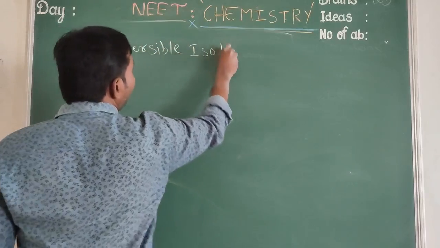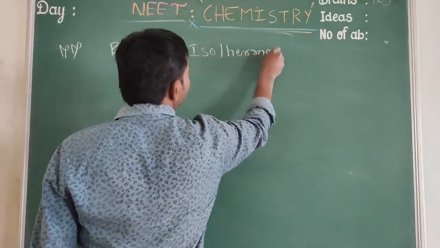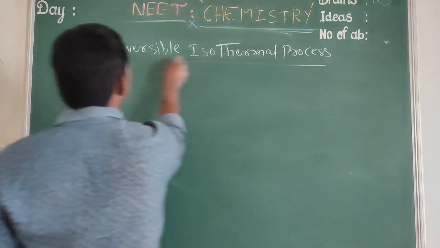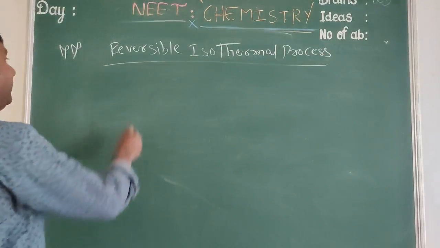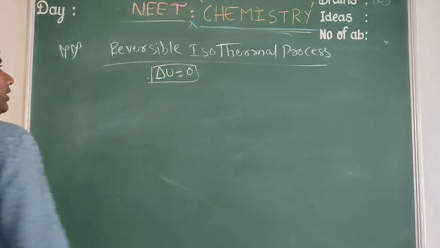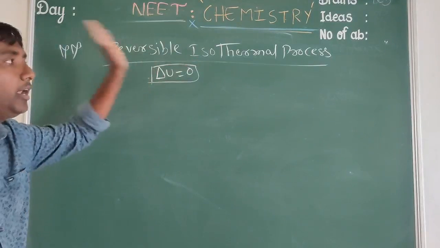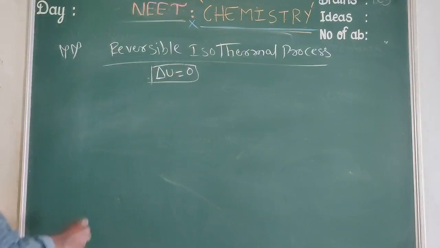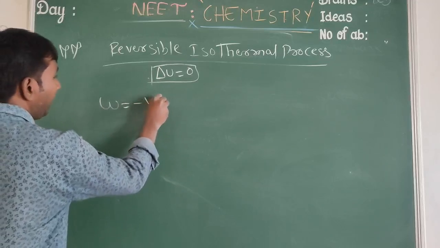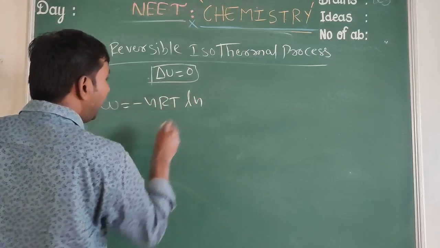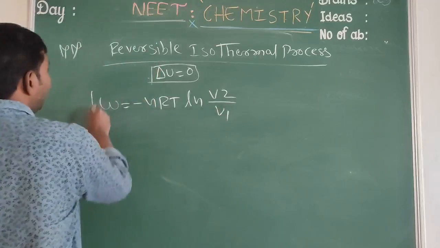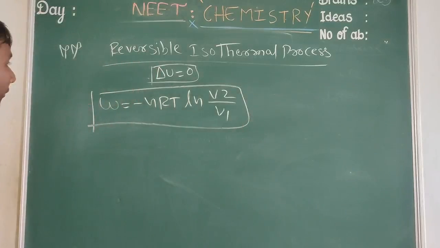Isothermal means the change in internal energy equals 0. The direct formula is W equal to minus nRT ln V2 by V1.